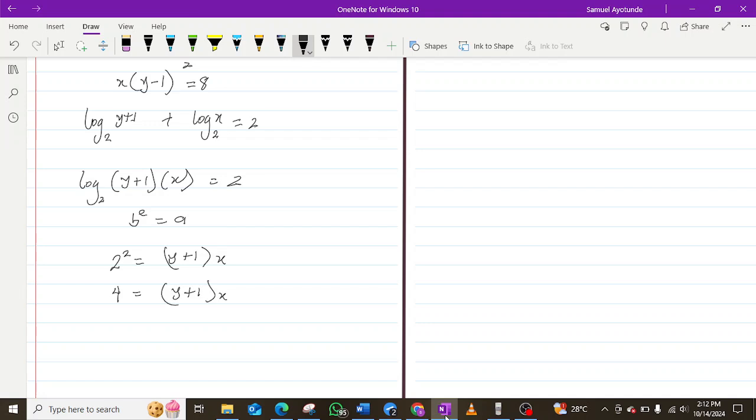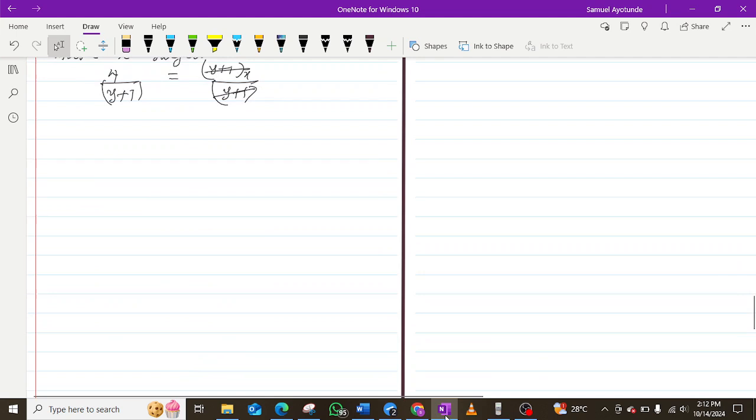If I make x the subject from here, I have 4 over y plus 1. That means I will be dividing both sides by y plus 1, so 4 over (y plus 1) is equal to (y plus 1) in brackets x over (y plus 1). So y plus 1 takes out y plus 1.